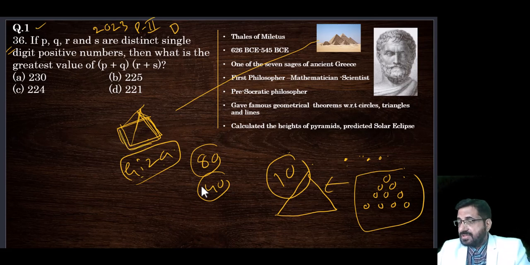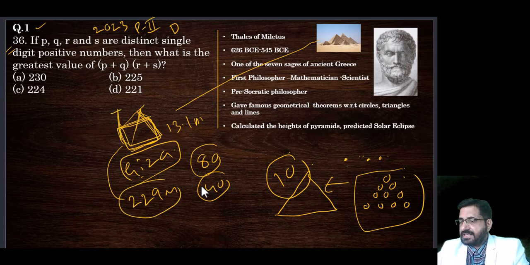Its base is square and its area is around 13.1 acres. Just imagine how big it is. Each side is around 229 meters, and the height of this pyramid is around 146 meters.